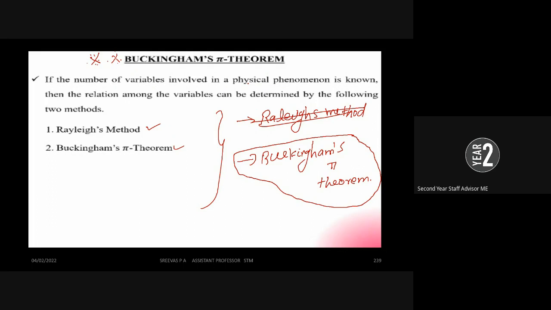One variable is made the dependent variable, and the remaining variables are made independent variables. And we are making a relation between the dependent and the independent variables with the help of this Buckingham's Pi theorem.